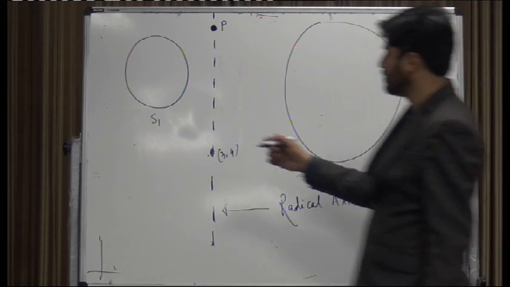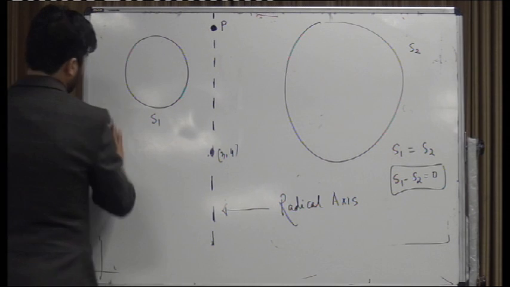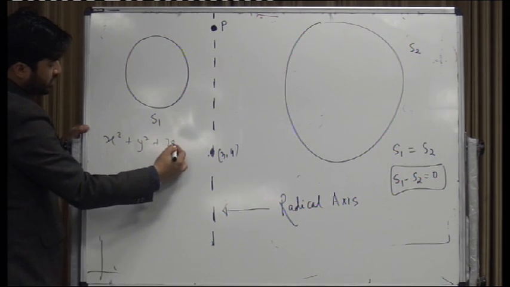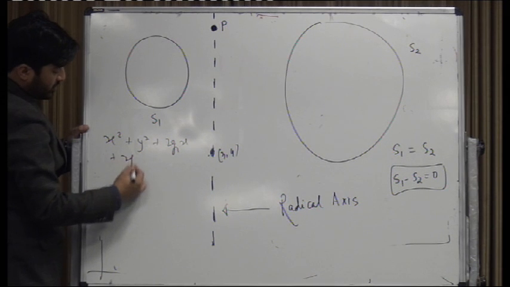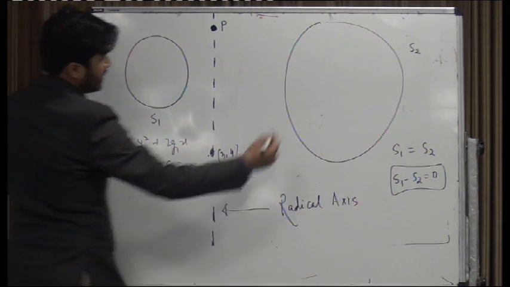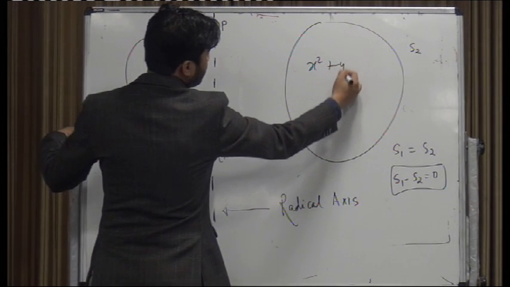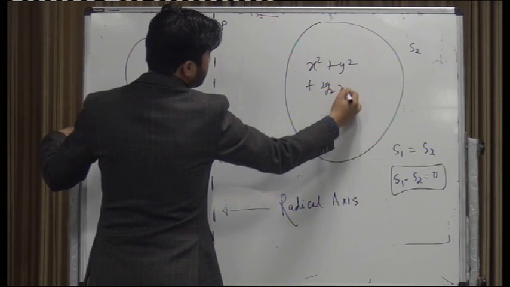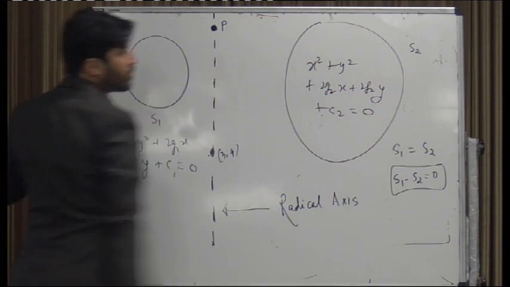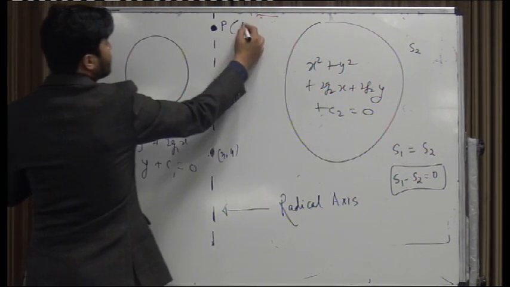Look, you can write this as x square plus y square plus 2g1x plus 2f1y plus c1 is equal to 0. And similarly, you can write this as x square plus y square plus 2g2x plus 2f2y plus c2 is equal to 0. Now let's take P as h comma k.